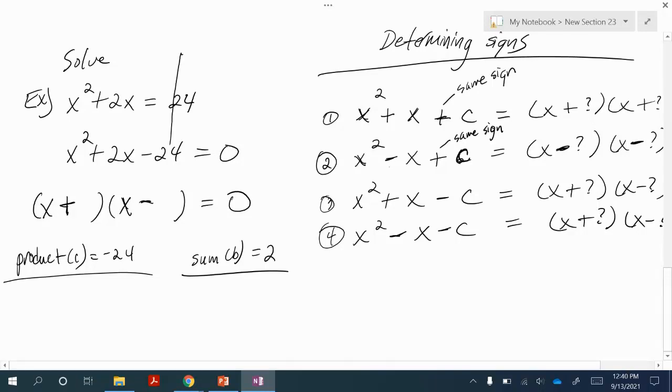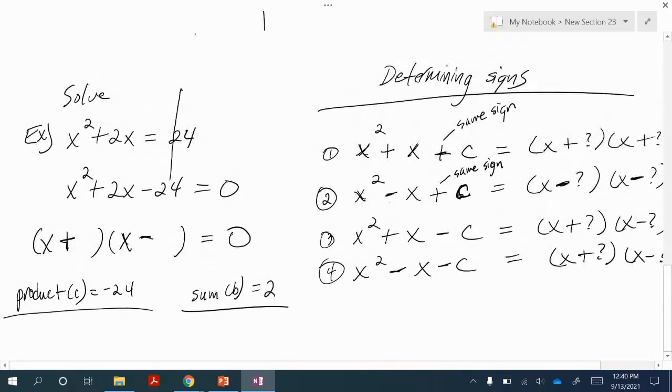So we're going to go through. 24 can be 1 times 24. We can have 2 times 12. We can have 3 times 8. We can have 4 times 6.